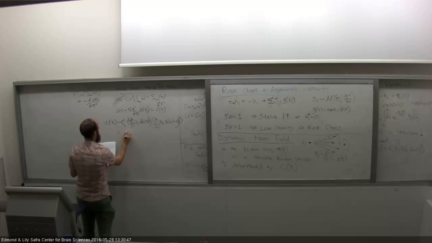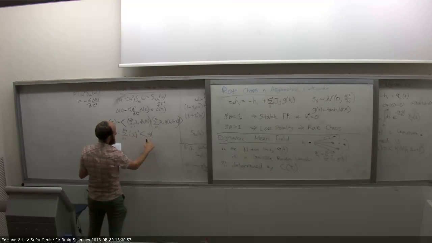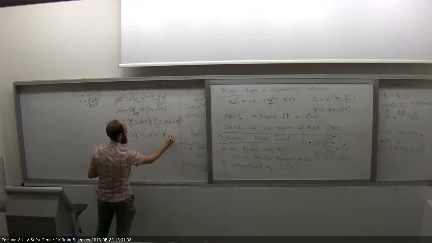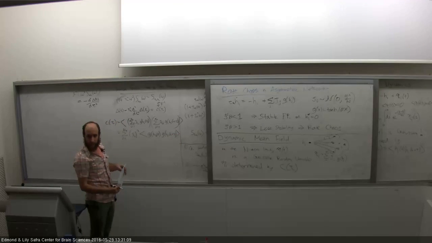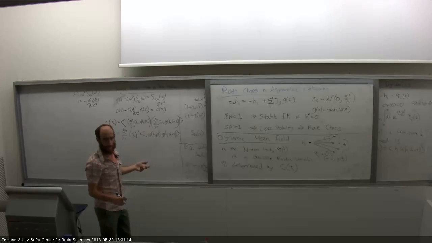So we're going to get just the sum on j equals 1 to n of J_ij squared, and then the statistical average of the transfer function g of h_j at time t and g of h_j at time t plus tau. This is the statistical ensemble average, again, because we're assuming that every single neuron is drawn from the same statistics.